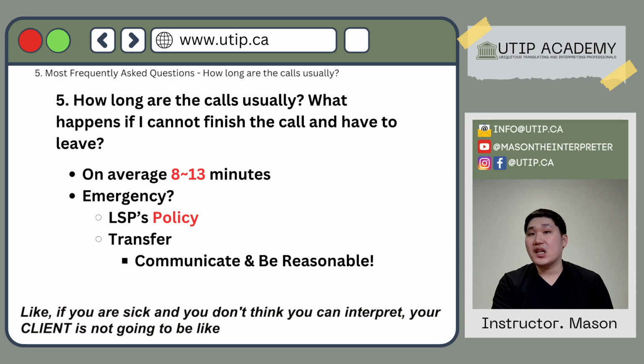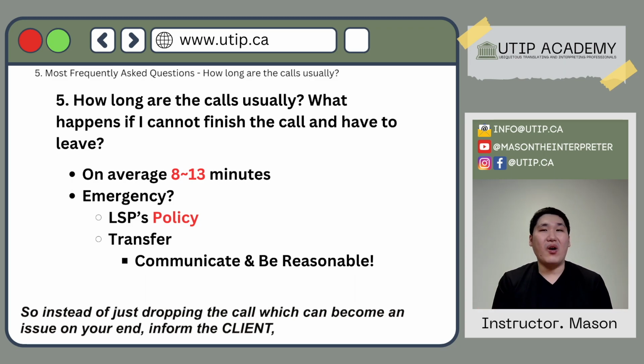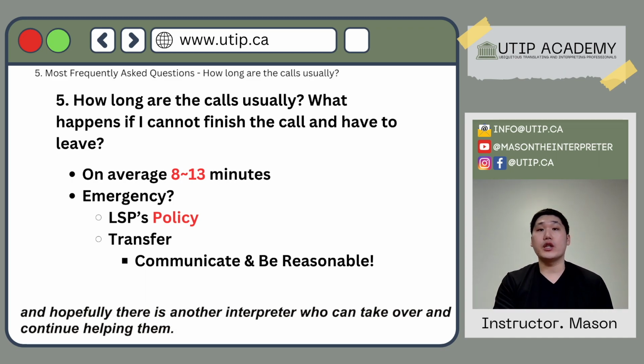Like, if you're sick and you don't think you can interpret, your client is not going to be like, "No, interpreter, you have to stay on the line and finish helping this patient, okay?" They're not going to do that. So instead of just dropping the call, which can become an issue on your end, inform the client, and hopefully there's another interpreter who can take over and continue helping them.